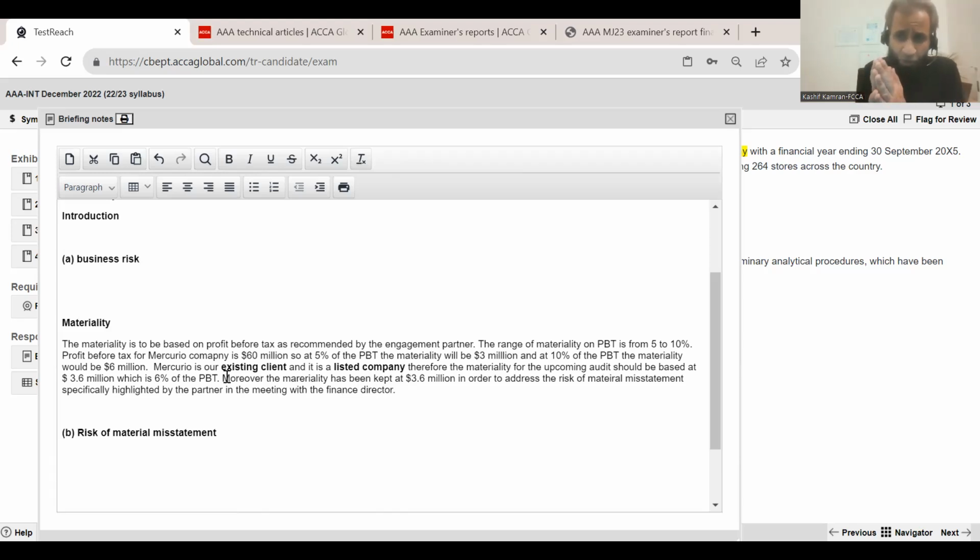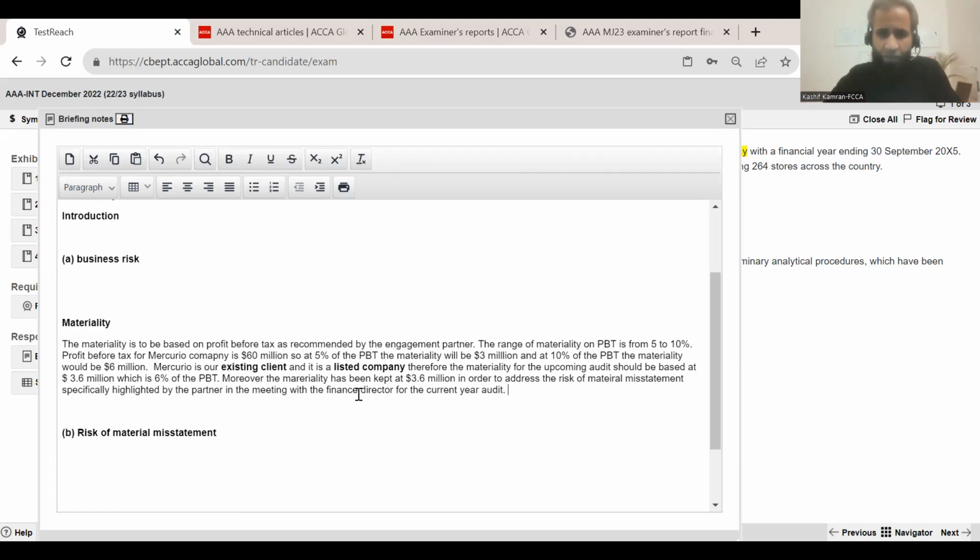So you should keep it at $3.6 million also to address the new risk which has arisen for this year's audit. So it should be kept at $3.6 million in order to address the risk of material misstatement specifically highlighted by the partner in the meeting with the finance director for the current year audit.